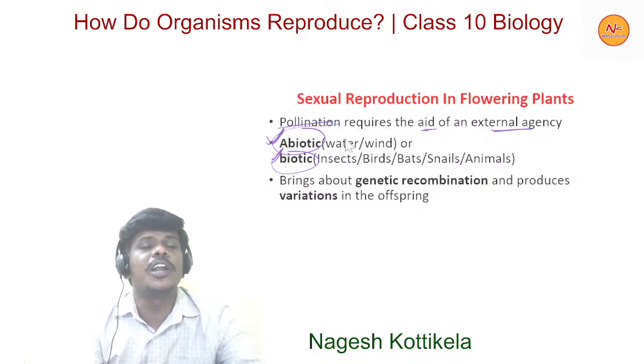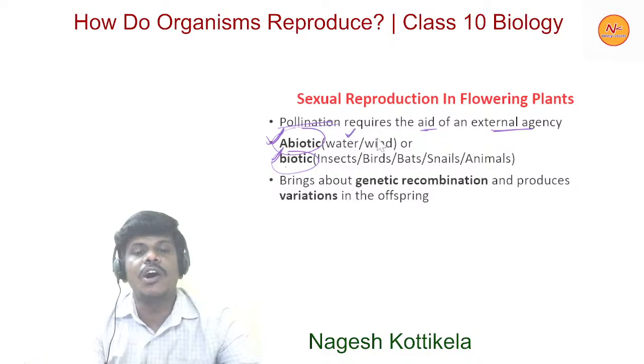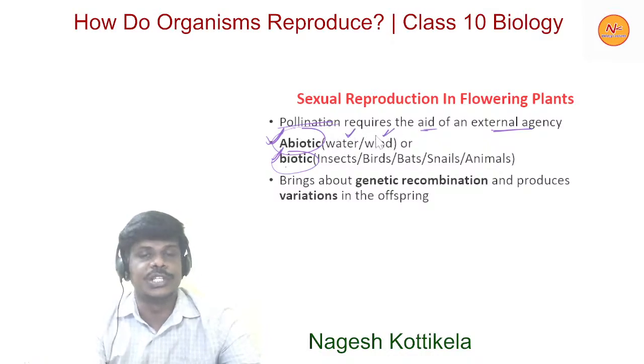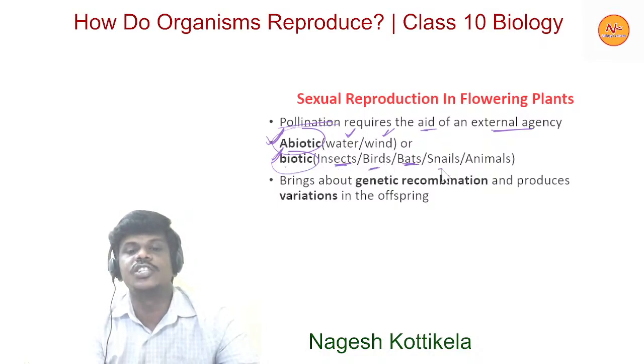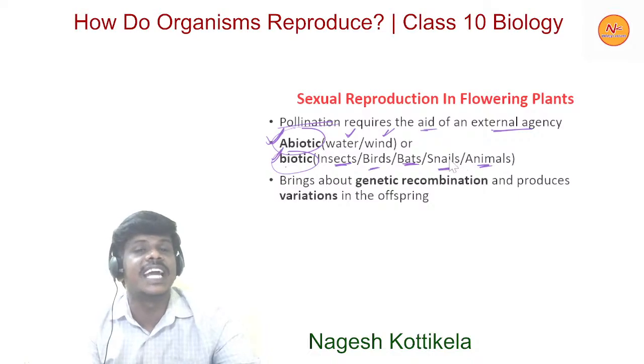Biotic is living, abiotic non-living. Pollination can occur by water or by wind, which is abiotic. Pollination can also occur by insects, birds, bats, snails, animals. So pollination can occur by different biotic and abiotic agencies.